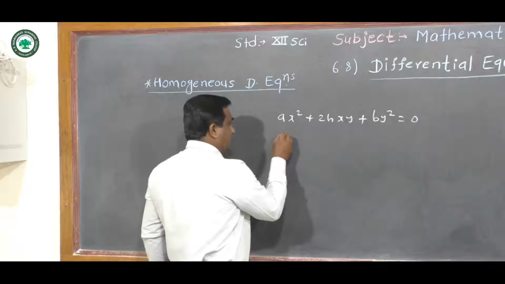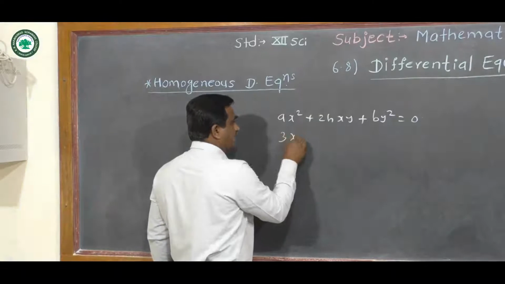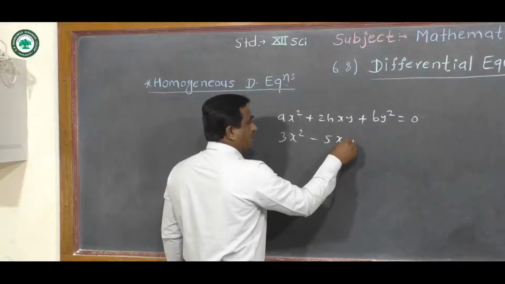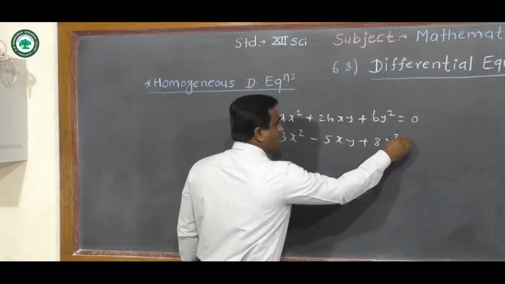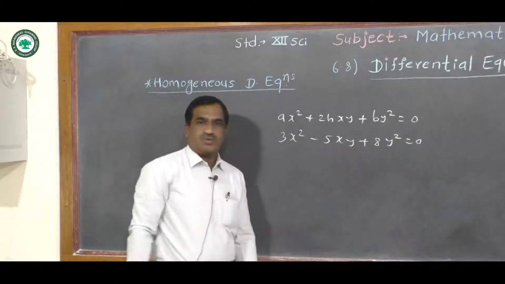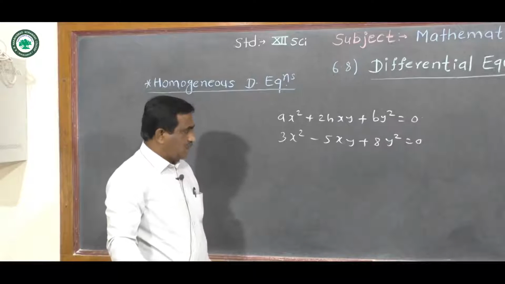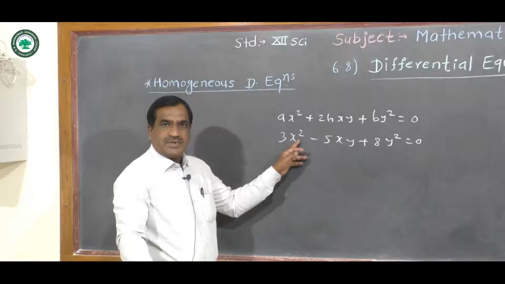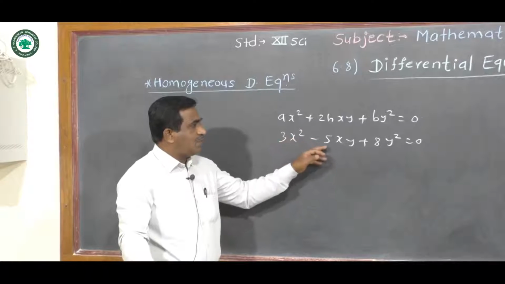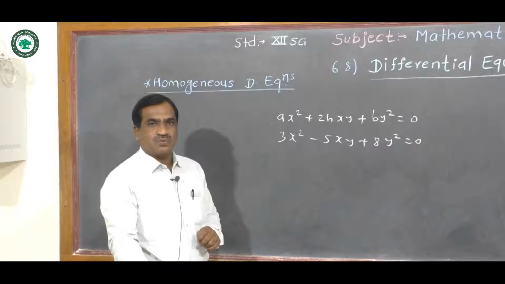We can say next example, 3x square minus 5xy plus 8y square equal to 0. This is also a homogeneous equation of degree 2. The sum of the indices of the variables is 2, therefore the degree of this equation is 2.